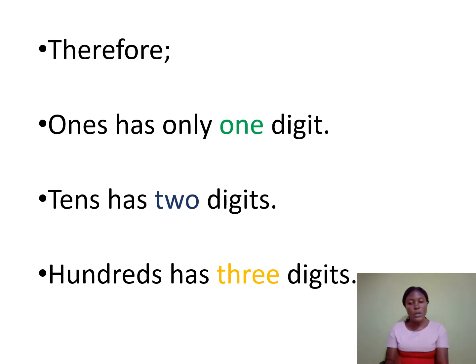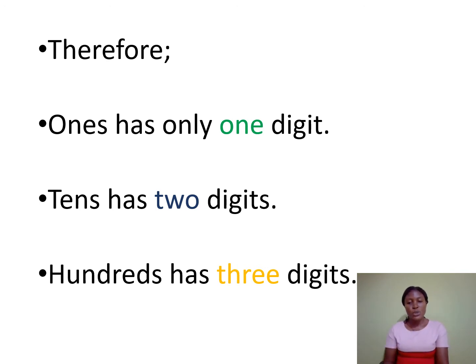Now tens has two digits, meaning that it has two of the number symbols, which you already know to be 0, 1, 2, 3, 4, 5, 6, 7, 8, and 9.